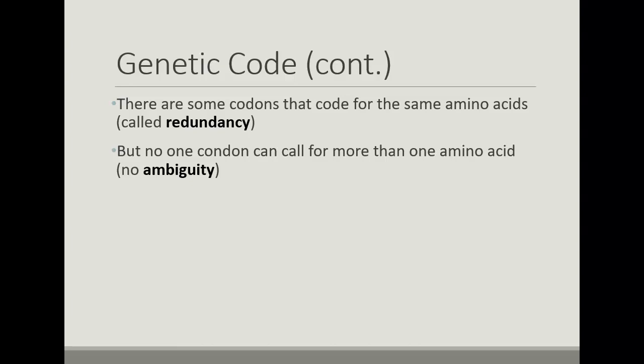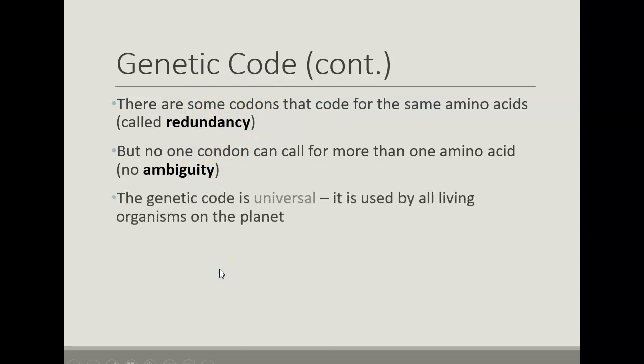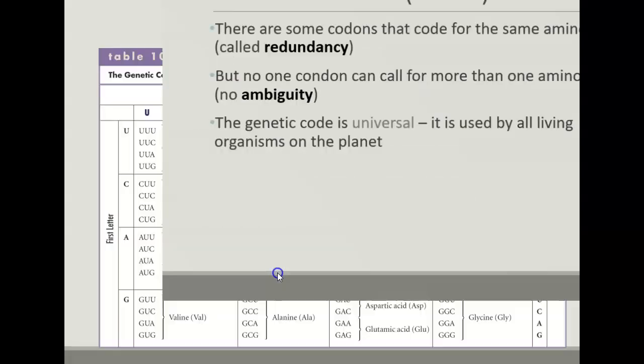So there's never any confusion about exactly which amino acid we are needing. So again, the code's redundant, which is going to come into play a little bit later when we start talking about mutations. The code is redundant, but it's not ambiguous. And again, it's universal. Every single living thing on this planet is using the exact same sequence of codons that use the same amino acids that we're discussing.